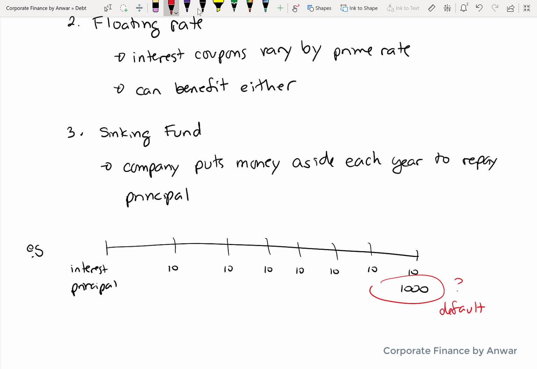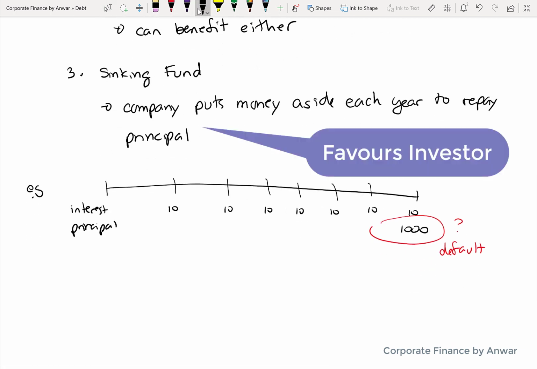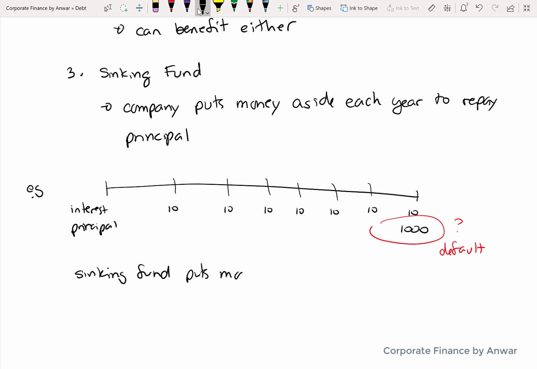So you would be much better off to have a sinking fund where the company's been putting money aside. It gives some level of comfort to the investor, because if they didn't have the money aside, then basically they would have to go and refinance from somewhere else, that likely wouldn't be an option, and they would default on the bond.